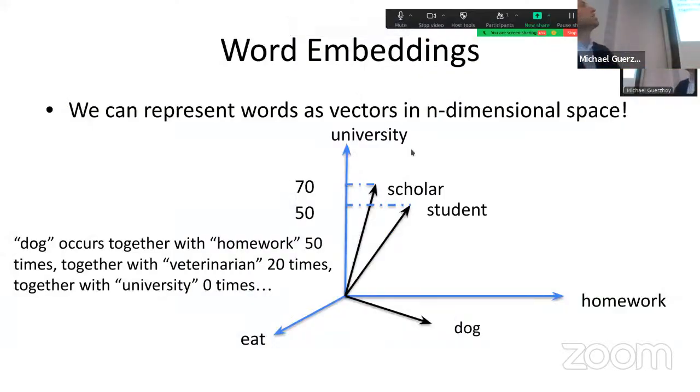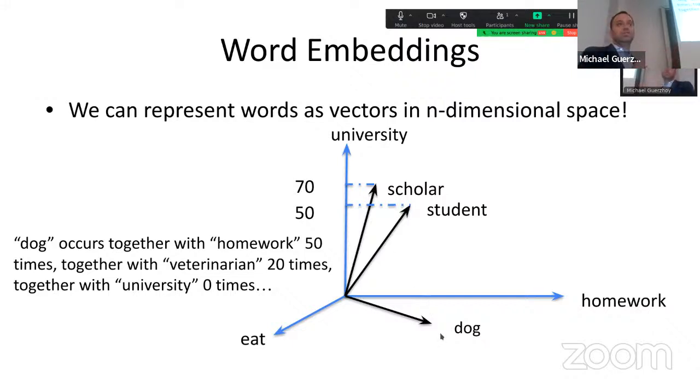Here we are kind of pretending that the vectors are three-dimensional. So we're just looking at co-occurrences with university and homework and eat. And then the hypothesis here would be that words that have similar meanings are going to be close together in what is called embedding space. Make sense? So we're hoping that something like scholar and something like student are going to be similar vectors, whereas something like scholar and something like dog are going to be very different vectors.